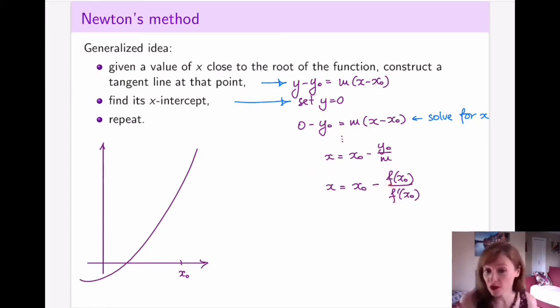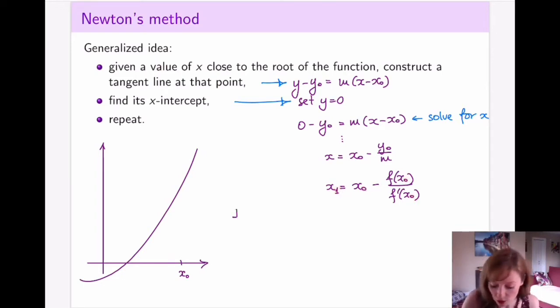So if you give me a function and a point, I'll be able to find the derivative, compute the function value and the derivative value at that point, plug everything into this equation, and get the next approximation. So again, because we will be iterating through this method, this is what we will be calling x1, but then we can repeat this process. So with x1 in mind, I can repeat this again, except I will be plugging x1 into here, and the algorithm will produce x2, and so on.